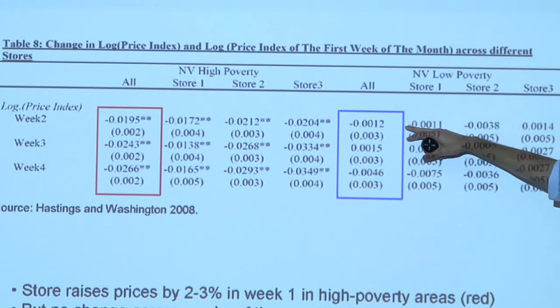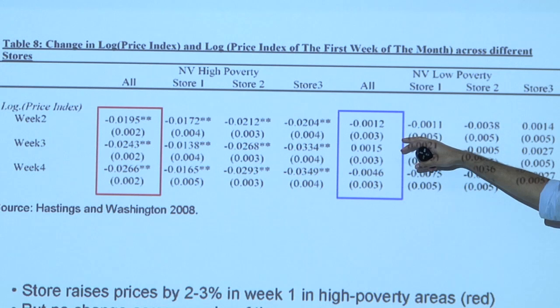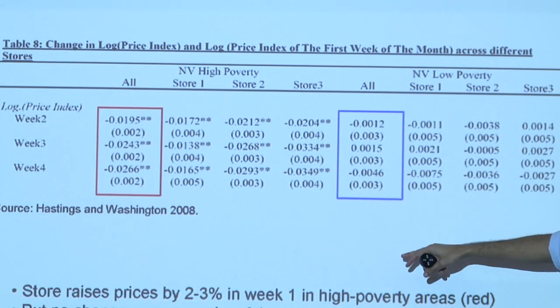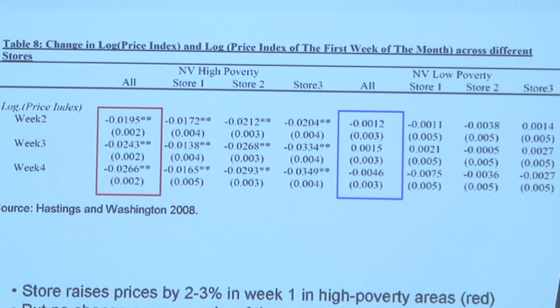But in the low poverty stores, where you don't have many food stamps recipients showing up, it's totally flat. So the stores are, in fact, increasing prices by about 3% when demand goes up by about 30%. Okay? So some of the incidence of the food stamps program is being captured by these grocery stores because of the way in which they're paid out. But really, I think the way we should look at this is that the problem is not that bad. The stores are not raising prices that much, given the tremendous surge in demand at the beginning of the month.